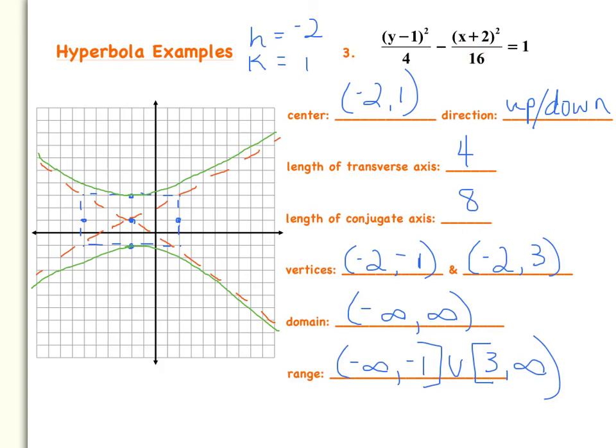So if you look to the left, you can see here's my center, here are my vertices for my transverse axis, here are the vertices for my conjugate axis, and this is from where I sketched my rectangle. From there, I sketched my two asymptotes going through the center and in and out of the corners of the rectangle.